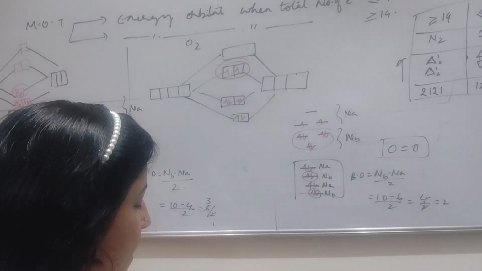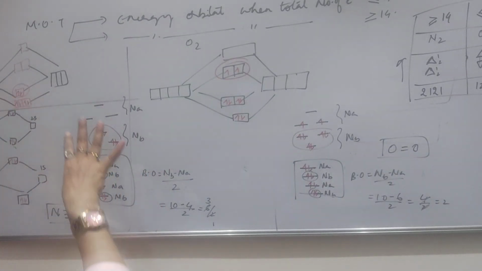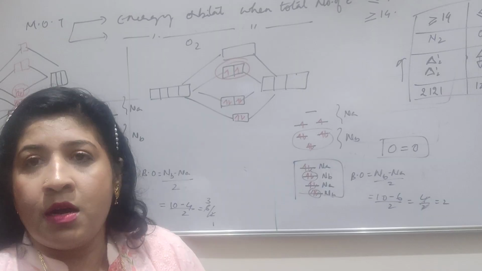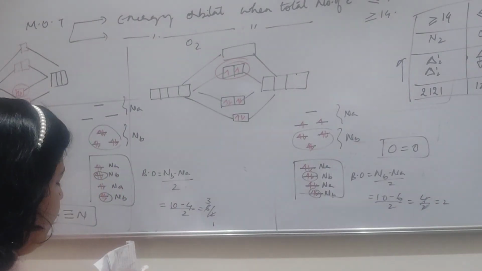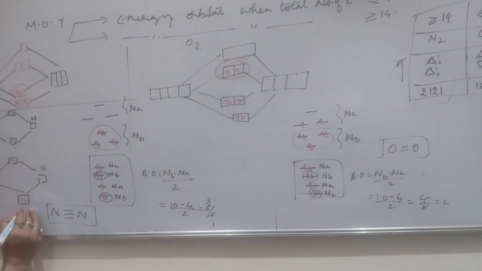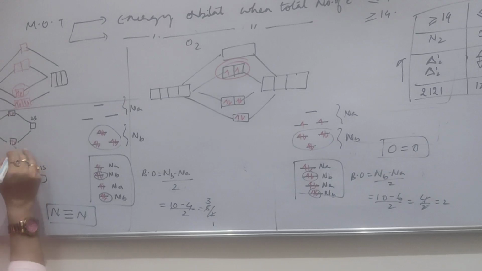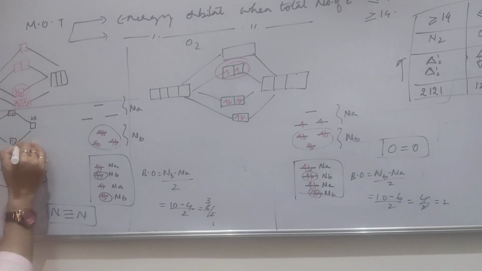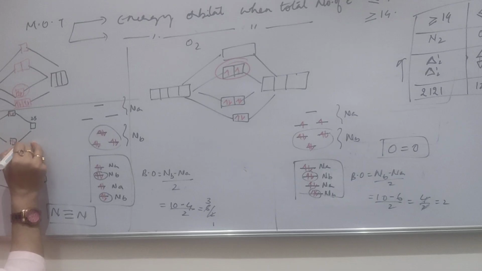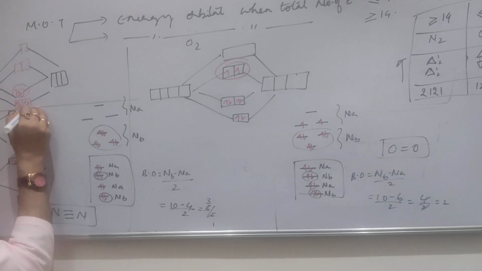If this is clear, how to name these orbitals? As I said, this is sigma 1s, sigma star 1s. This is sigma 2s and sigma star 2s.